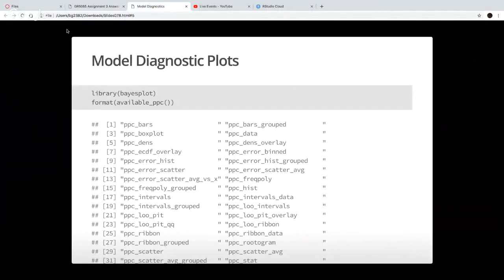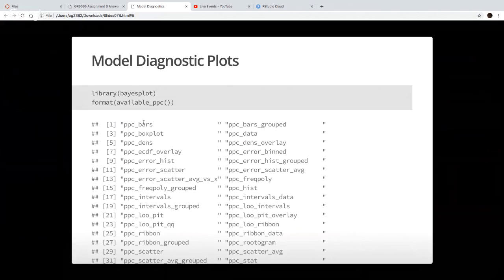In the bayesplot package, which is also written by Jonah, a lot of these plots and some additional ones can be generated statically. If you just invoke the available PPC function, that will tell you all of the plots that Stan or bayesplot is capable of doing pertaining to posterior predictive checks.